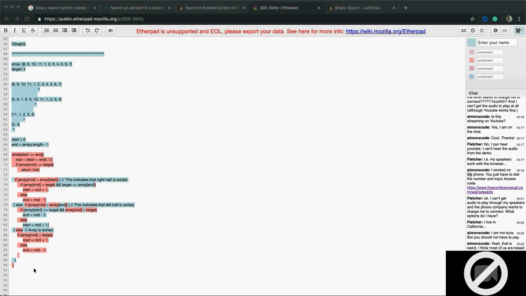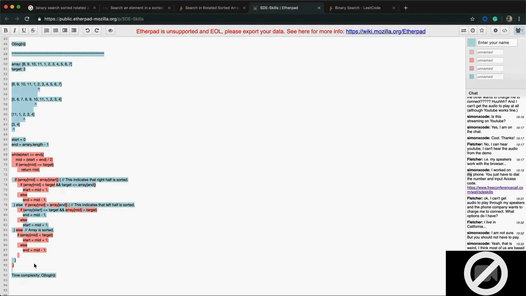Any questions on that? What should be the time complexity of this one? I think still log n, because we are discarding half, which is not rotated.